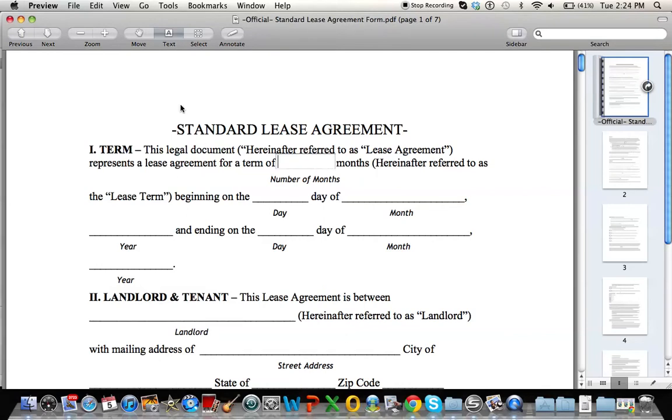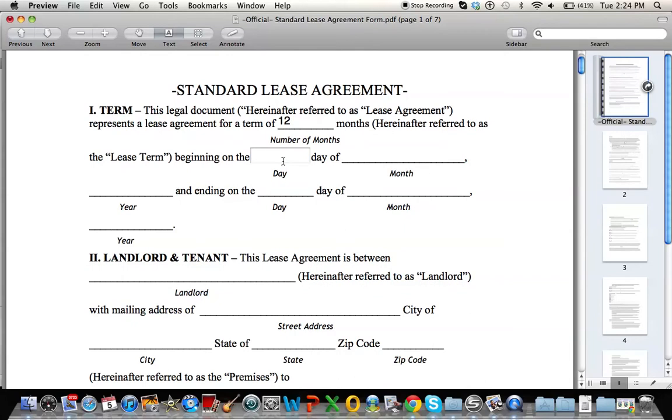This legal document represents the lease agreement for a term of, say, 12 months, beginning on, say, the first day of June 2012, ending on the 31st day of May 2013.